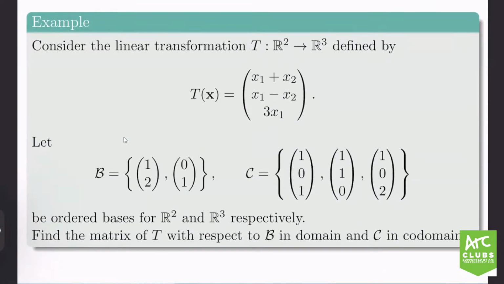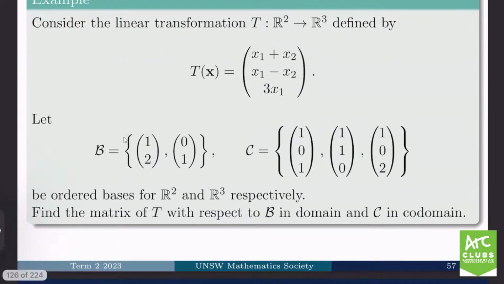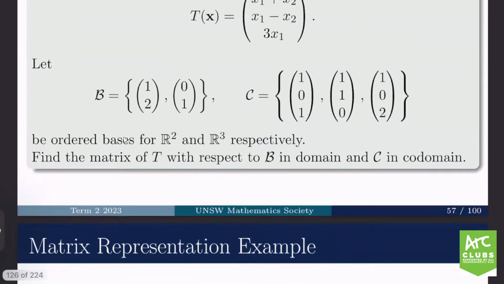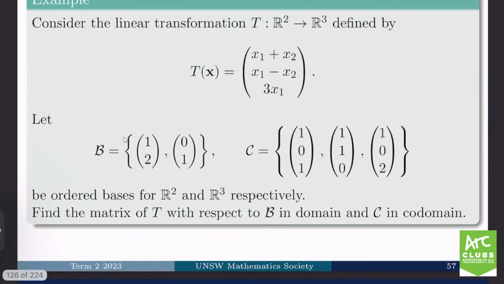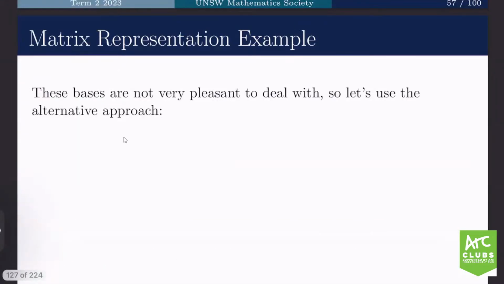So consider the linear transformation defined by this. Okay, let the basis B be this basis here, and C be this basis. Now you can see the issue is that I have some linear transformation and I have these annoying bases to work with. Okay, so what we're going to do is apply the previous method.